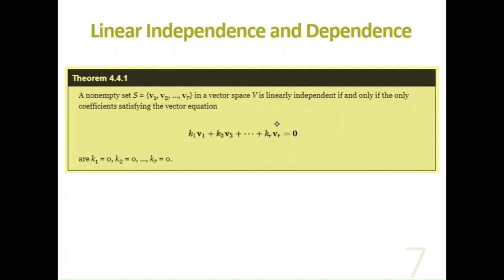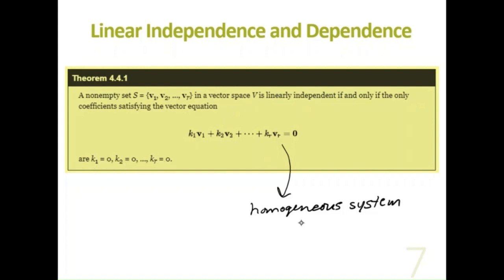I do hope that you recognize what's happening here from your previous sections. Basically, they're saying that vectors in that set S are linearly independent if and only if they satisfy, and hopefully you recognized that this is a homogeneous system, k1, k2, all the way through kr equals 0.